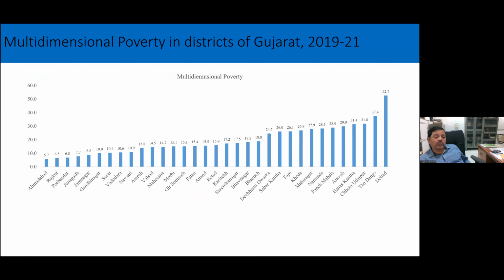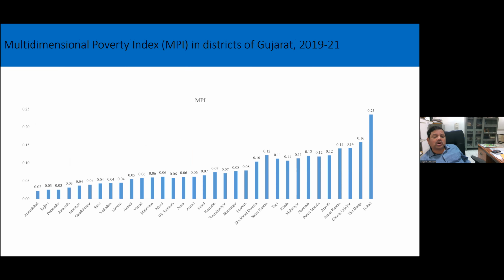There is quite a good variation in the multidimensional poverty index, which ranges from Ahmedabad, as low as 6% multidimensionally poor, to much higher in the tribal belt, almost 40%. So you can see a large variation across the districts of Gujarat, and this pattern is similar across the states of India. This is from the 2019-21 estimates.